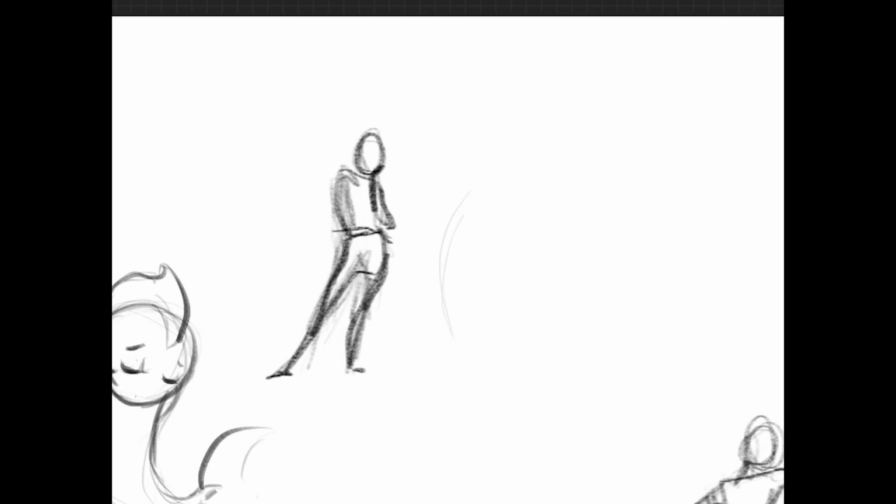So if we try to sort of take that tail... actually, we want more body. We want more body than what I did right there.